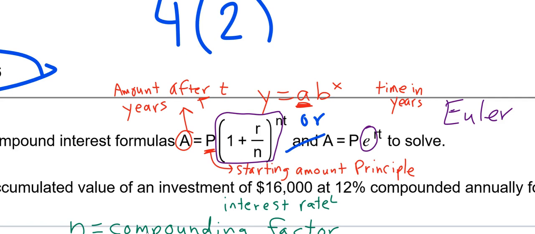He found out that it was 2.718, blah, blah, blah. It was an irrational number that kept going on forever, never stopped, and never repeated. So they decided to name it after him. And they used the first letter of his last name. They named that number e.